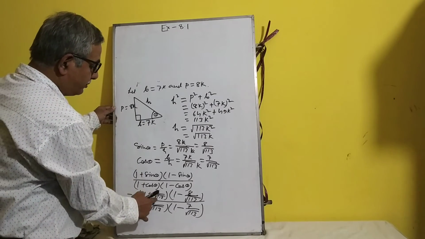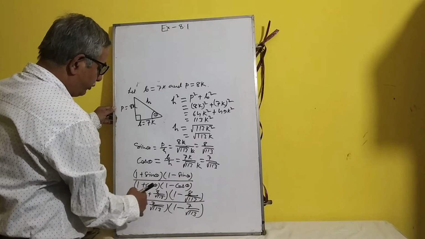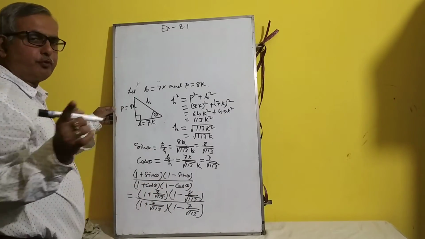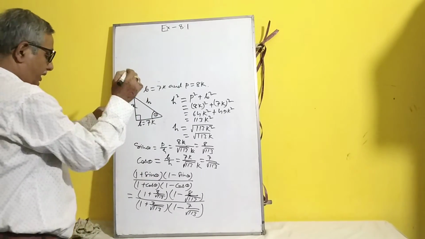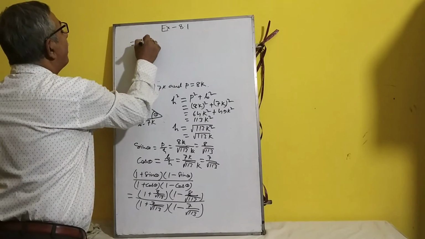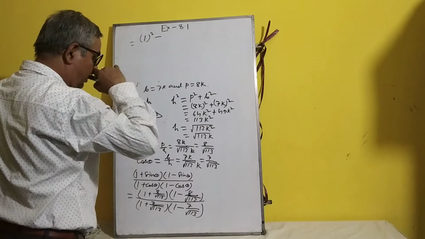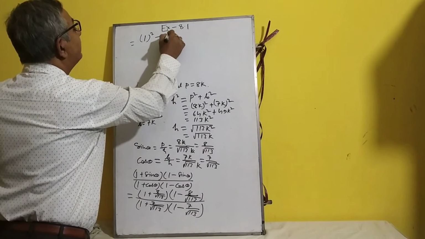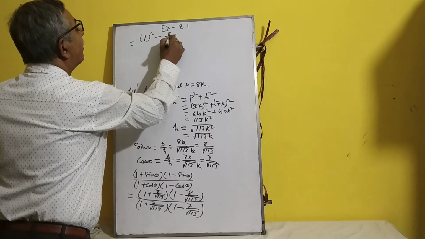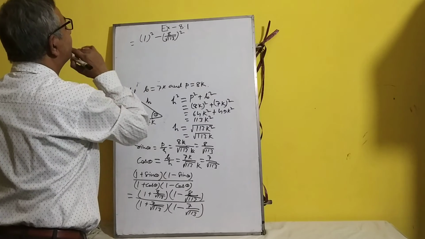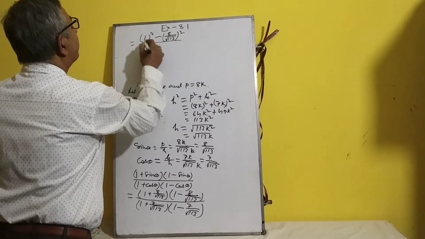You see a plus b and a minus b. One formula you know, a plus b into a minus b is a square minus b square. So you can write here 1 square minus 8 by root under 113 whole square.